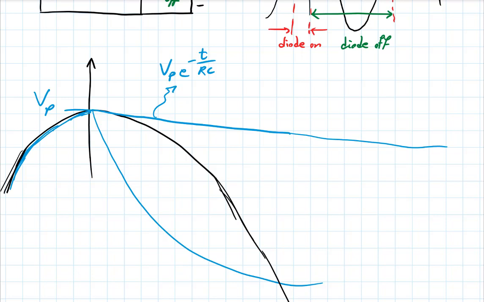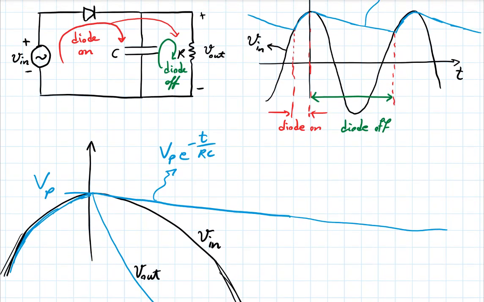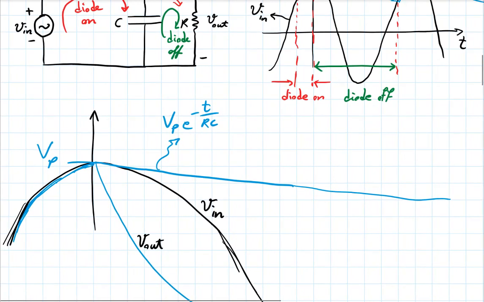So if this is my output, V out, while this is my V in, can this take place on this circuit if the diode is ideal? It can't, right? Because V in is greater than V out. So if I were trying to impose such a condition, the diode would actually turn on because you're trying to enforce a positive voltage across it.